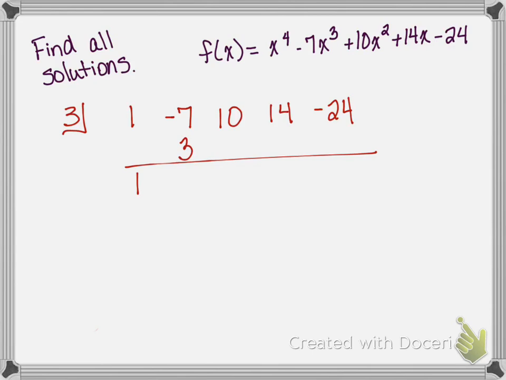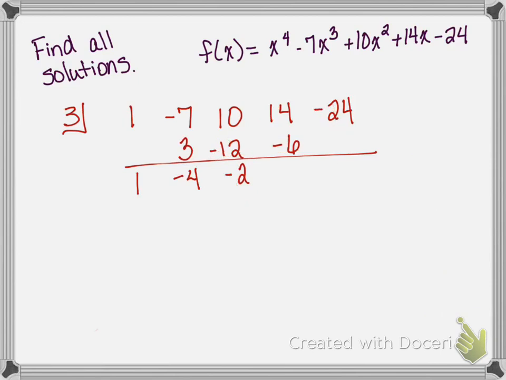Negative 7 plus 3 gives me negative 4. 3 times negative 4 is negative 12. 10 plus negative 12 is negative 2. 3 times negative 2 gives me negative 6. 14 plus negative 6 is 8.